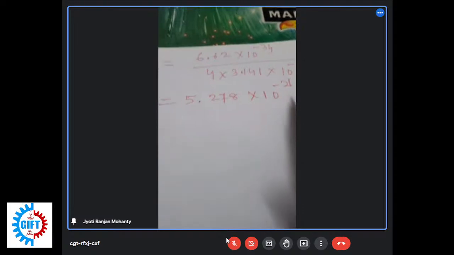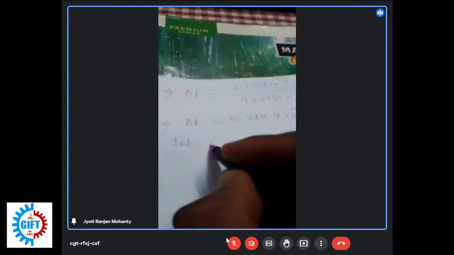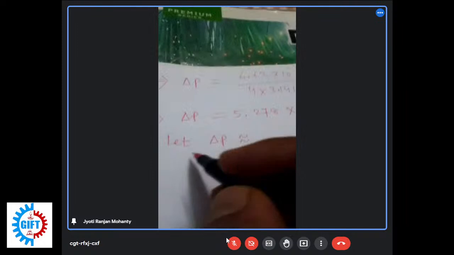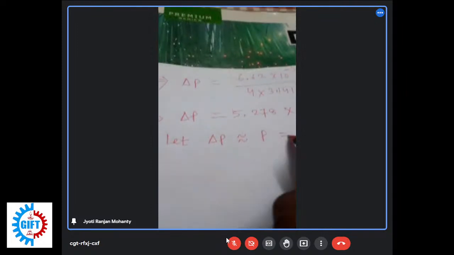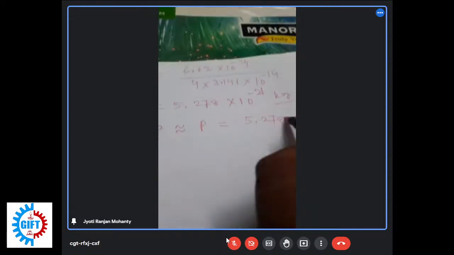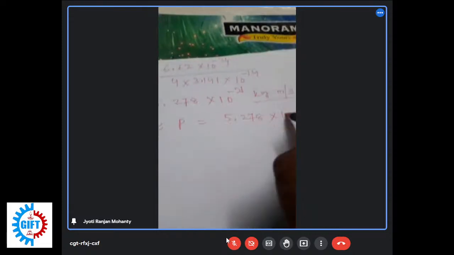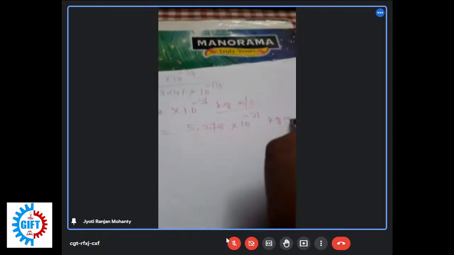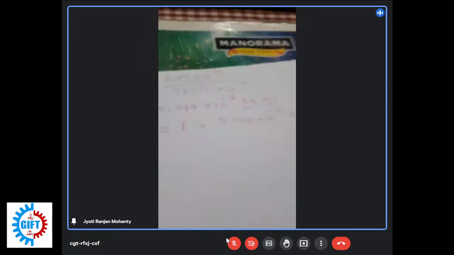Okay? Let this del P be the uncertainty. This is not correct. Let del P be equal to P, which is equal to 5.278 into 10 to the power minus 21 kg meter per second.